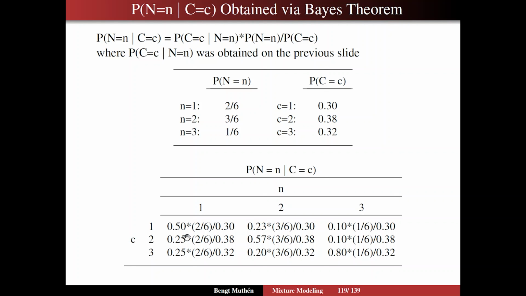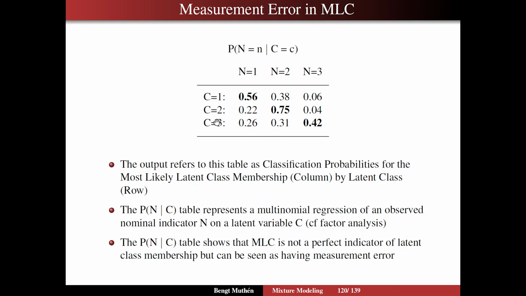And if you compute these values, this is still working with the example of the 6 individuals. You can make a lot of material out of only 6 people. Then you get this table on slide 120, which we have looked at before, and corresponds to the Mplus output, the so-called middle table on slide 39 for a regular analysis.